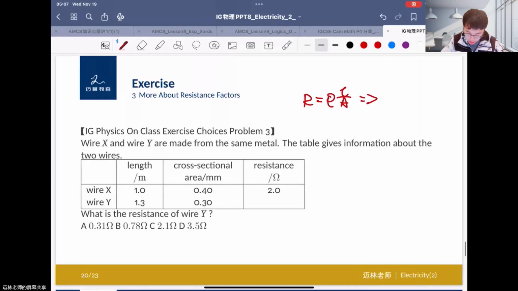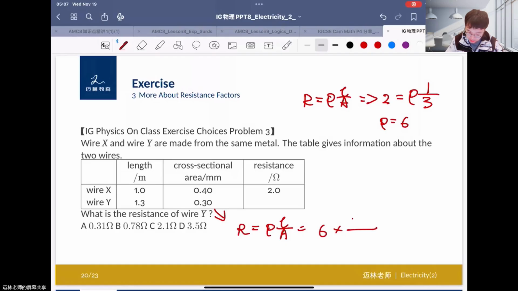So here the resistance R is 2, rho is rho, and L is 1, and the cross-sectional area is 3, right? So you can write down that rho equals 6. And for y, you can also use the formula that R equals rho L over area. And here it is 6 times, the length is 1.3, and the cross-sectional area is 0.3, right?